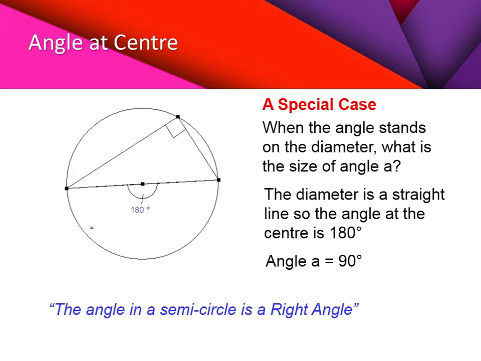So for example, if we have this point here and we join it with the diameter, this angle is 90 degrees. Similarly, if we have one point here and join this with the diameter, this angle is also 90 degrees. So all such cases are 90 degrees. Any point on the circumference of a circle will make a 90 degree angle with the diameter of a circle.